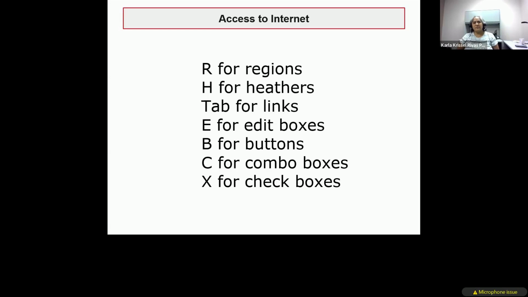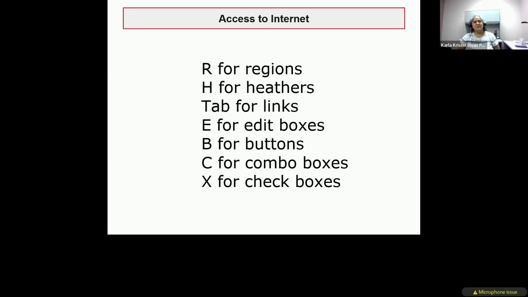So when you are in review mode, you can use keyboard shortcuts to jump to different areas of the website. You have regions, you're just gonna do R and R and R, and you will jump between regions. If you want to jump between headers, it's just the letter H. If you want to jump between links, you're gonna use the tab key.